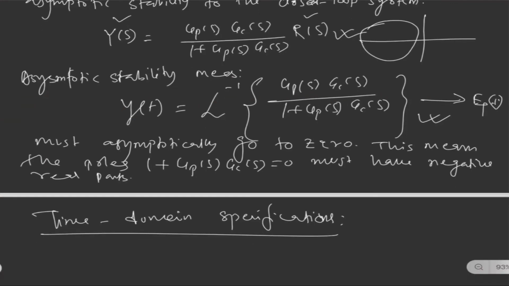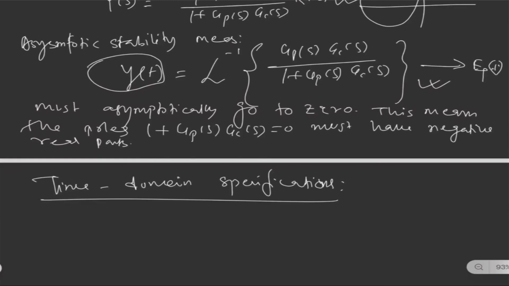Now we need to convert from the Laplace domain to the time domain by taking the inverse Laplace transform, and based on the time domain equation, we'll specify some terms which will help us do our job. This part is very, very important: how we can modify the transient response and steady state response of the system. Let's continue on this part from the next lecture. Let's stop it here.